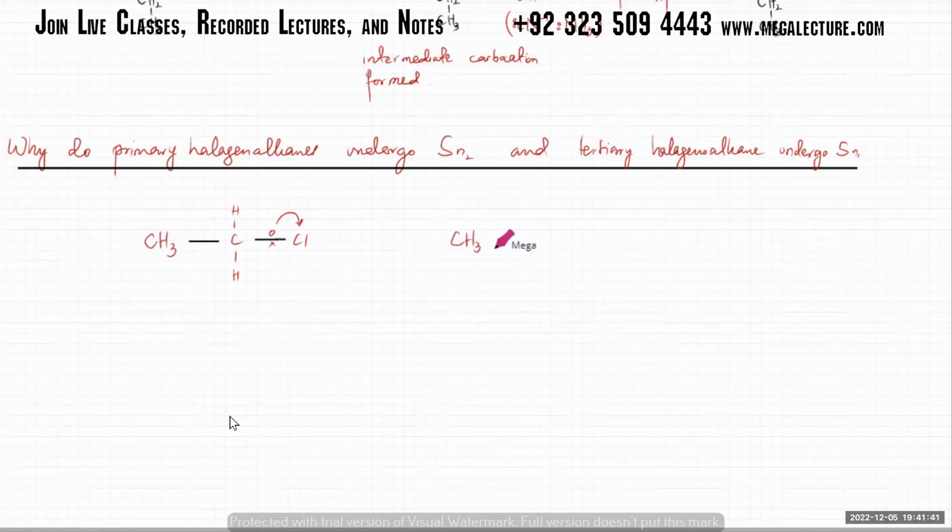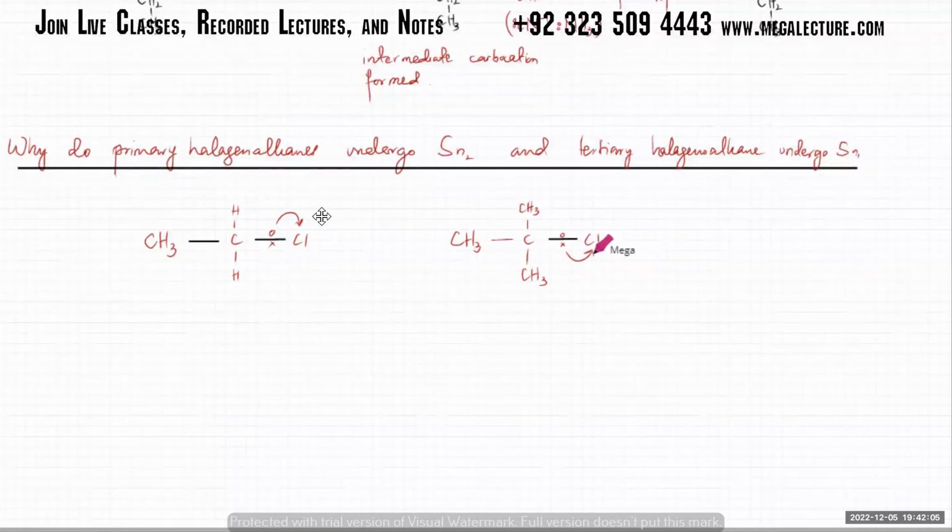If I have a tertiary halogenoalkane, it's going to be a lot easier to actually form the carbocation, since on every side there is a carbon chain, and I've got a Cl on one side. So it's a lot easier to actually form the carbocation in this second case.